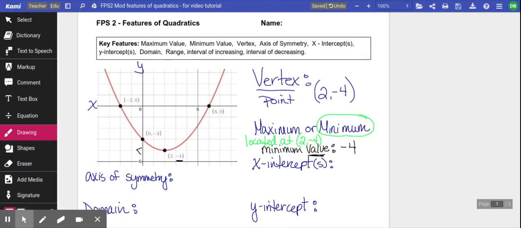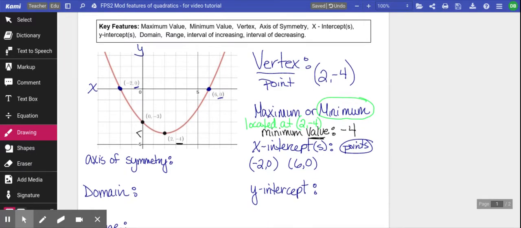The graph is crossing the x-axis at these 2 points. It is when the y value is 0. So my x-intercepts are -2, 0 and 6, 0. Remember that x-intercepts are points, so you want to give your answer as an ordered pair.